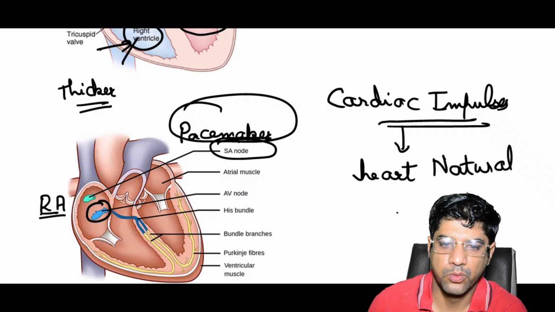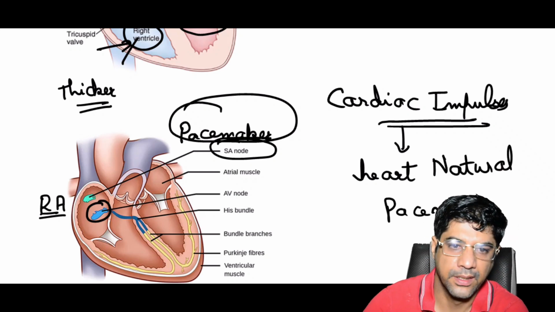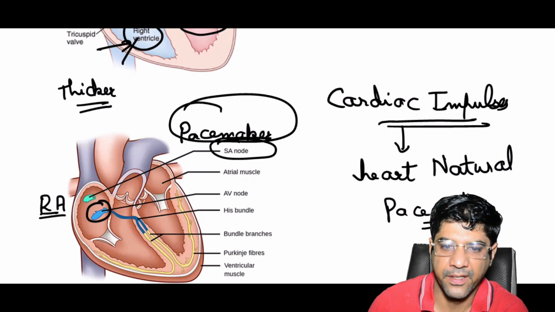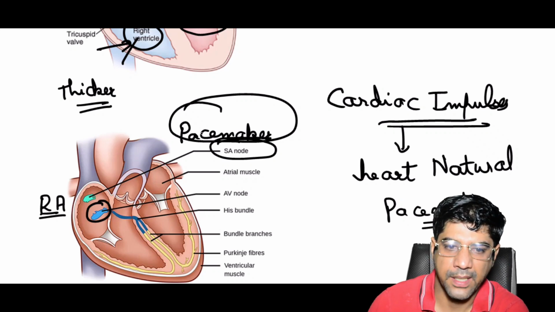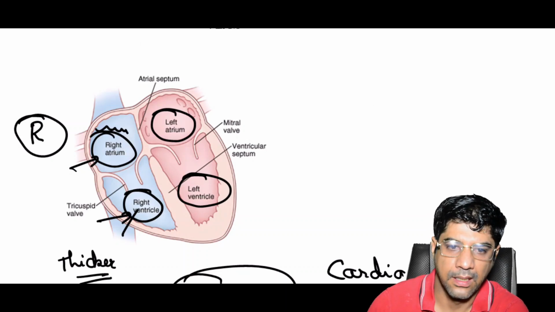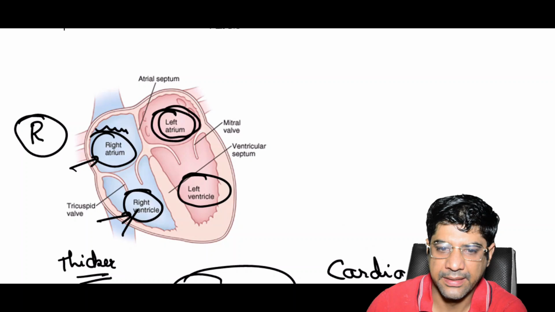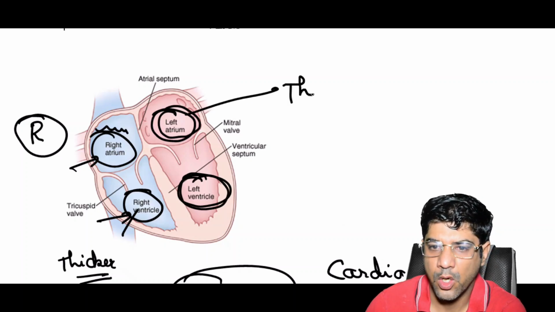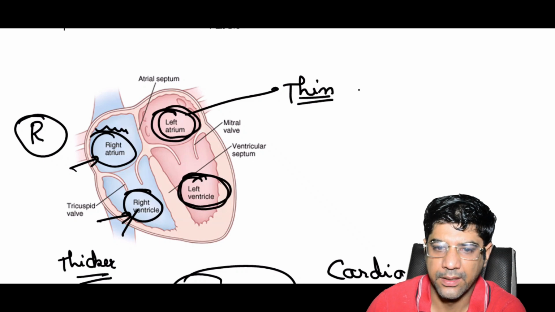Now let us move to the left side of the heart. The left side of the heart, remember, comprises the left atrium and the left ventricle. The left atrium is a thin-walled, low pressure chamber that receives oxygenated blood.